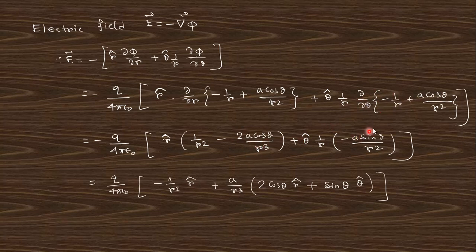Similarly for theta, the constant term is 0 and the derivative of cos theta is minus sin theta, right? Taking r square by r cap and taking these two terms into account, you will get this answer. This is the electric field, right?